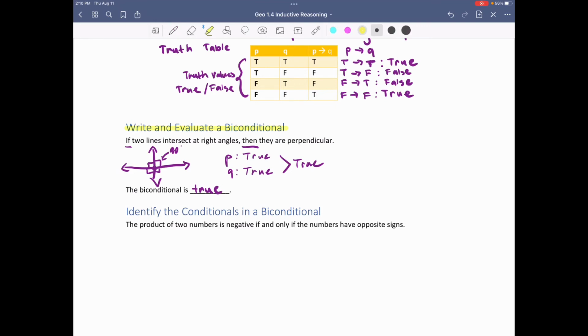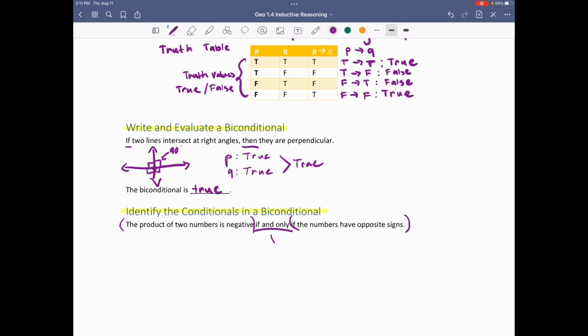Now we will also identify the conditionals in a biconditional. We have here our statement. The product of two numbers is negative if and only if the numbers have opposite signs. So we have here two parts.